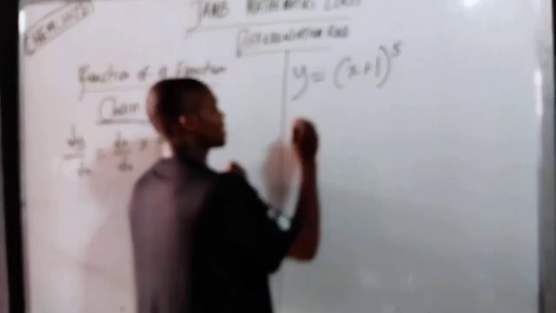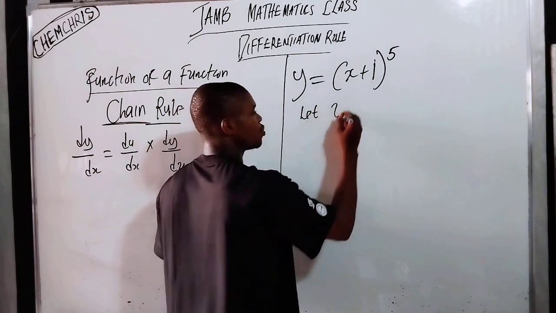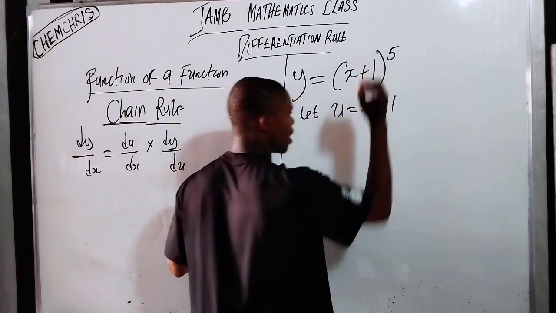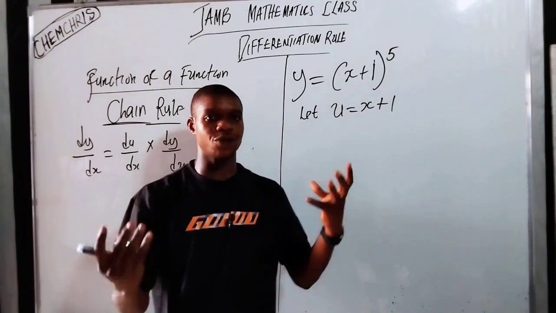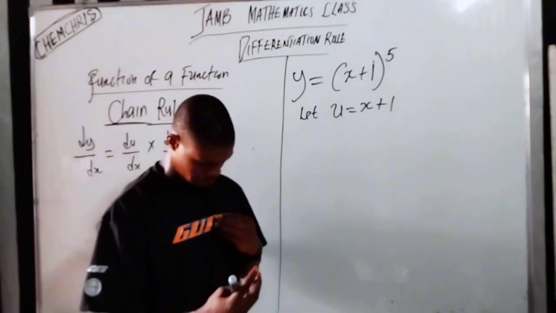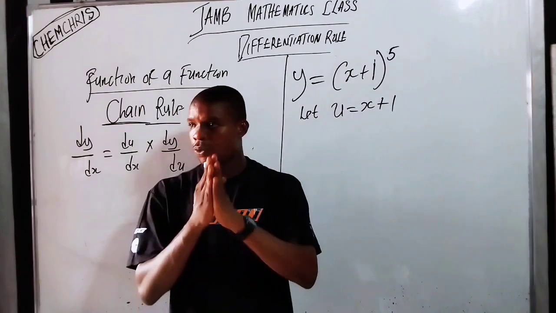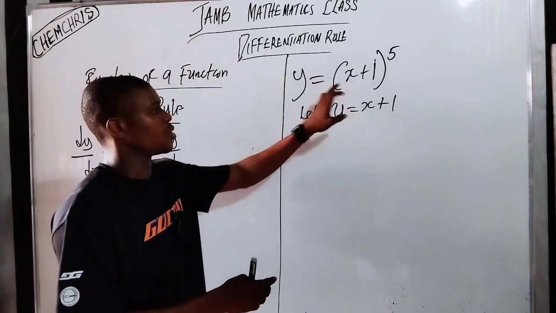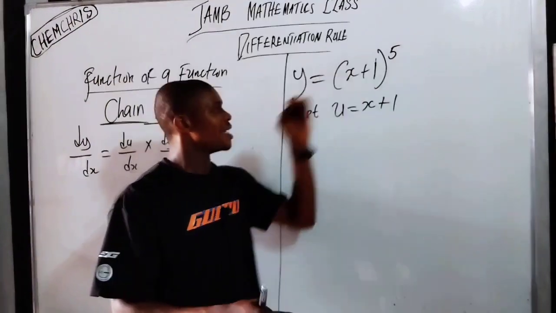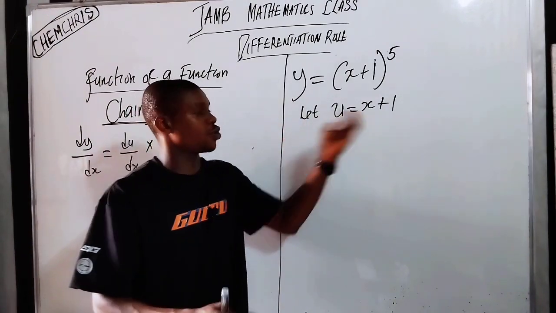So you now say, let u equals x plus 1. In some tables they use u, in some they use z. Depending on what they use, they are all saying the same thing. So instead, we now have two functions: y equals (x plus 1) to the 5, and let u equals x plus 1.